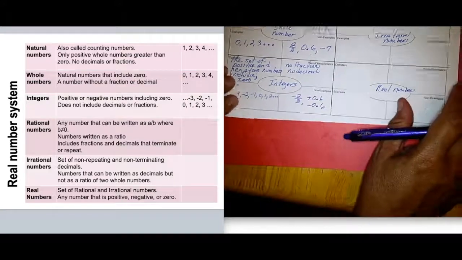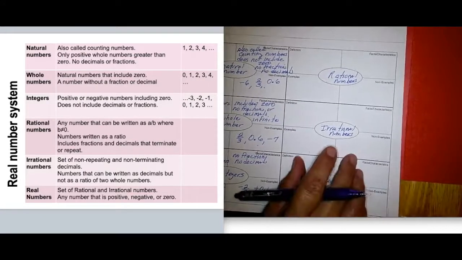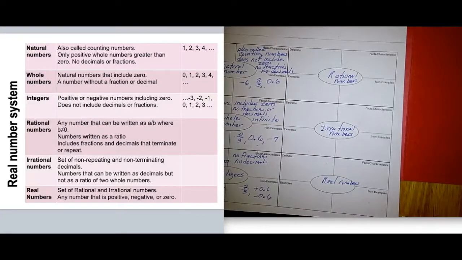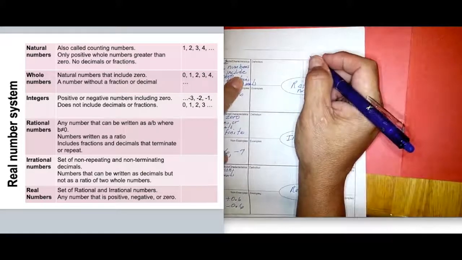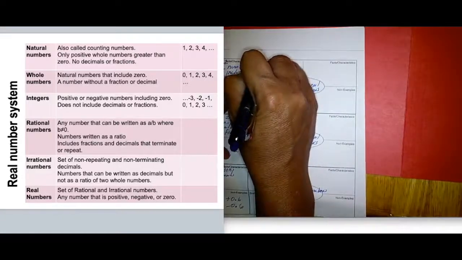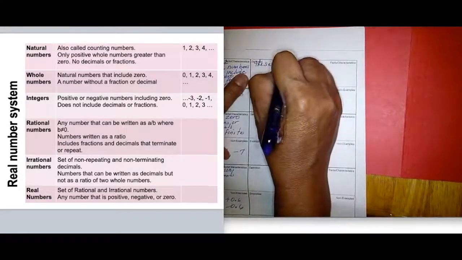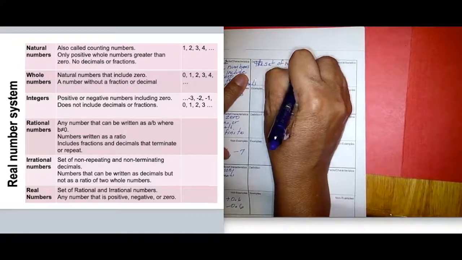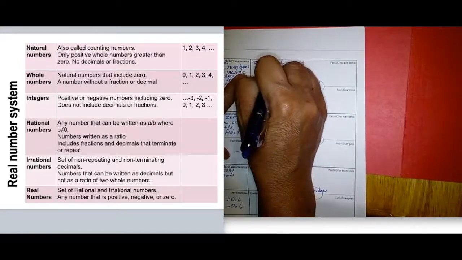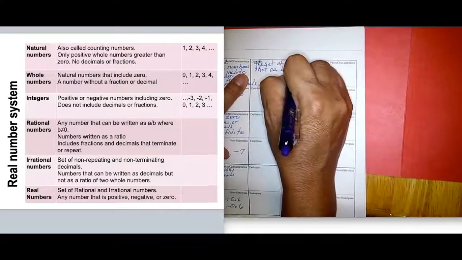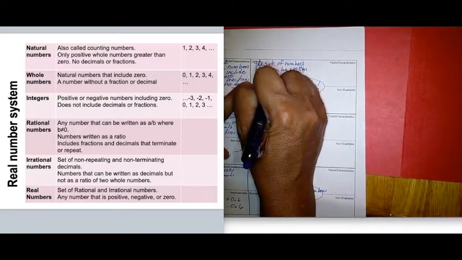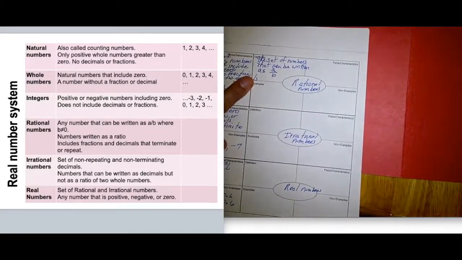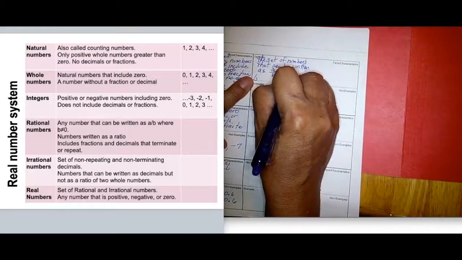Okay, rational numbers. A rational number is any number that can be written as A over B. Sometimes they'll say as the ratio. Ratio is a fraction, A over B. So it is the set of numbers that can be written as A over B. It is important to remember that B cannot equal 0.